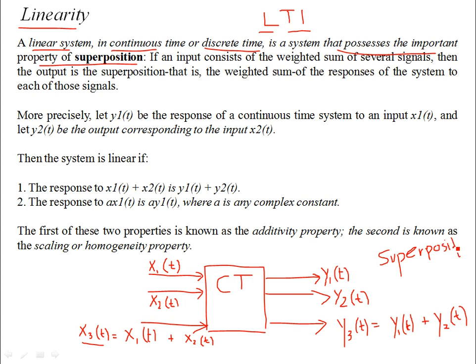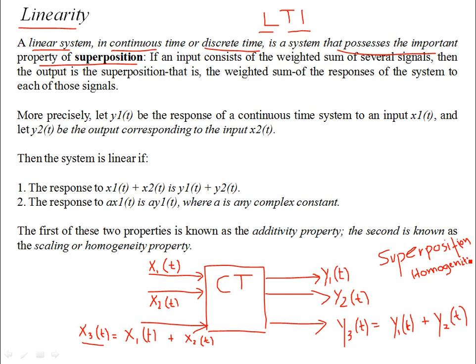But this is not a sufficient proof for linearity. Another way to check is by homogeneity, also called the scaling property, as it's called in signals and systems language. Homogeneity and superposition are both necessary tests to qualify the system as linear.